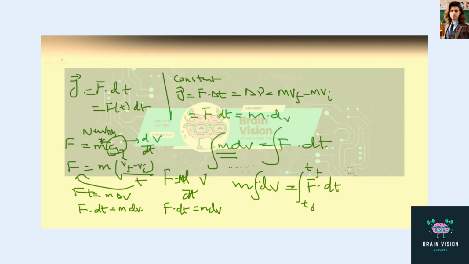If we do the same thing on this one, from t0 up until t final, we end up with m, v final minus v initial, equals the integral from t0 up until t final of F dt.